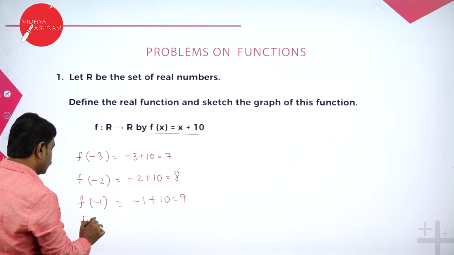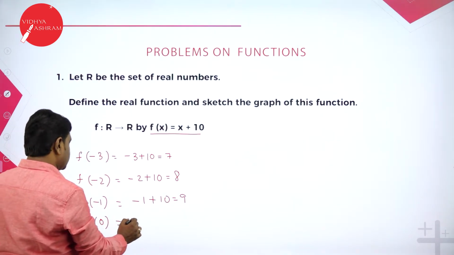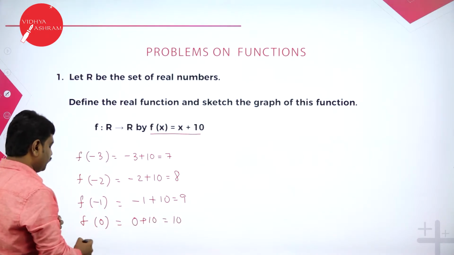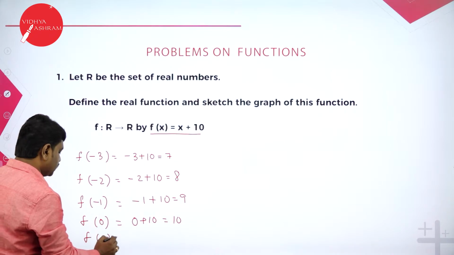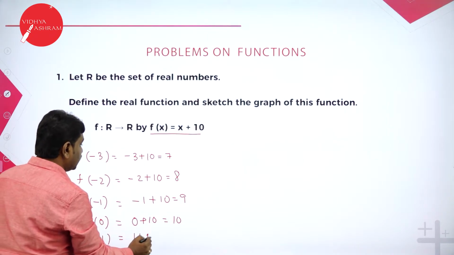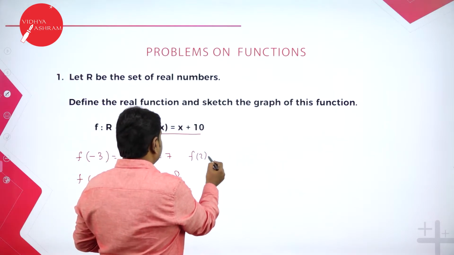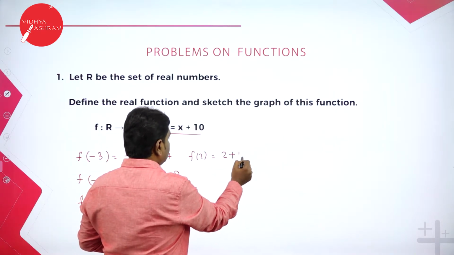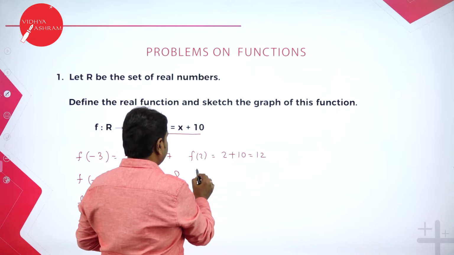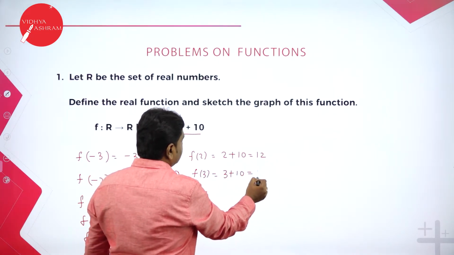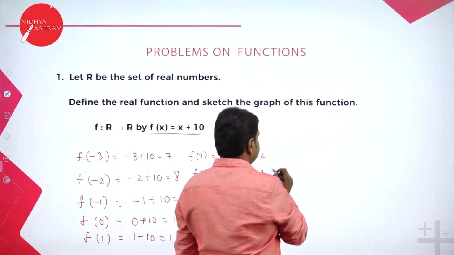I'll take f of 0, 0 plus 10, 10, differs by 1. F of 1 if I take, 1 plus 10, 11. F of 2 if I take, 2 plus 10, 12. And f of 3 if I take, in the function if I put 3, 3 plus 10, 13. So now to plot the graph, I need x and y values.